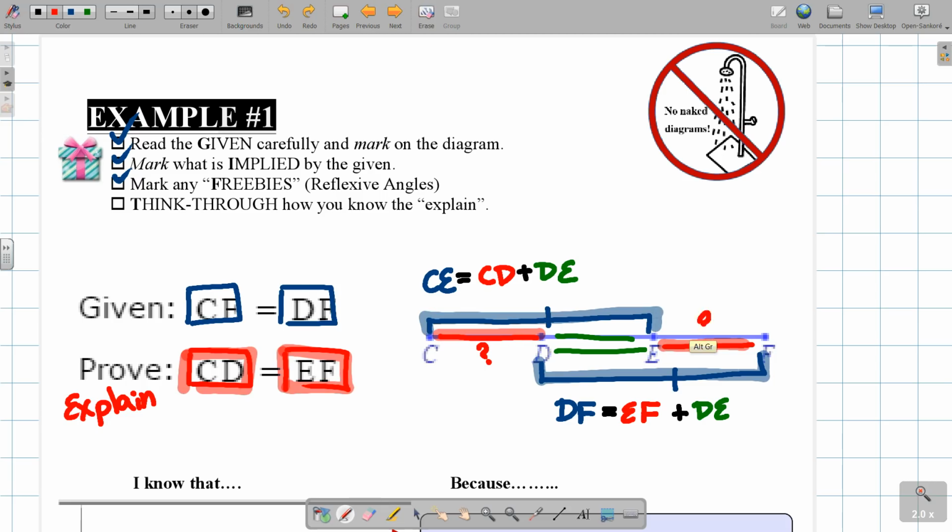A little question mark there. Ready? I actually want you to pause the video and give yourself about 30 seconds to actually talk through. If those big blue segments are equal, how do you know the red segments are equal? You're talking, you're not writing, talking.